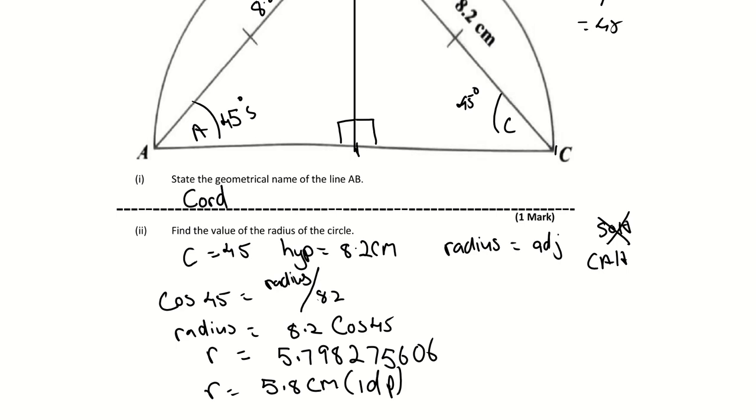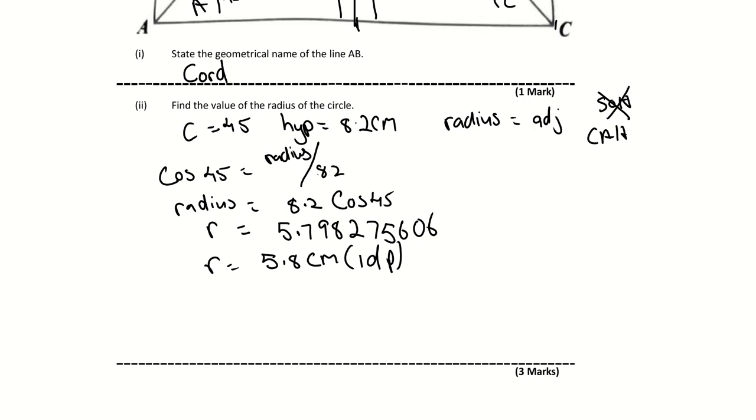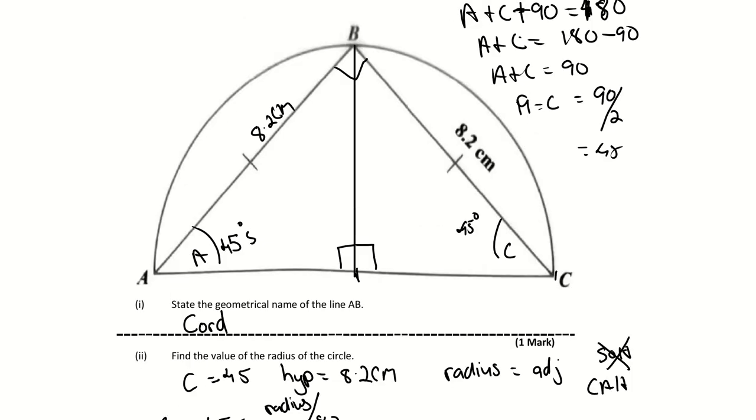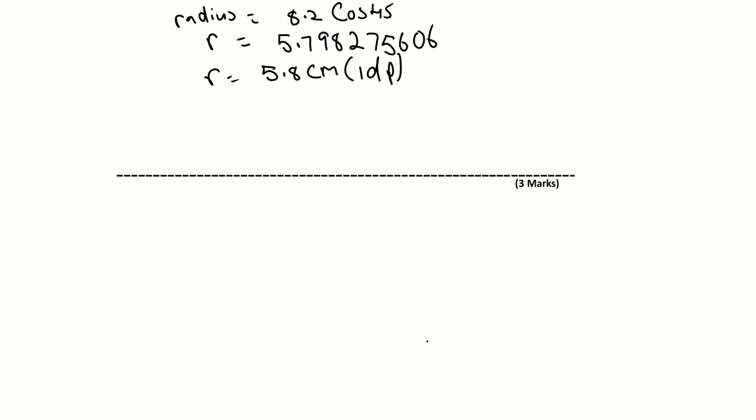And that is the answer for this question. Do we understand this? And this is 3 marks. The next way you could have done this is, could you? No, you could not have done that. You can't use cosine rule. But yeah, that's how you would have done this question.